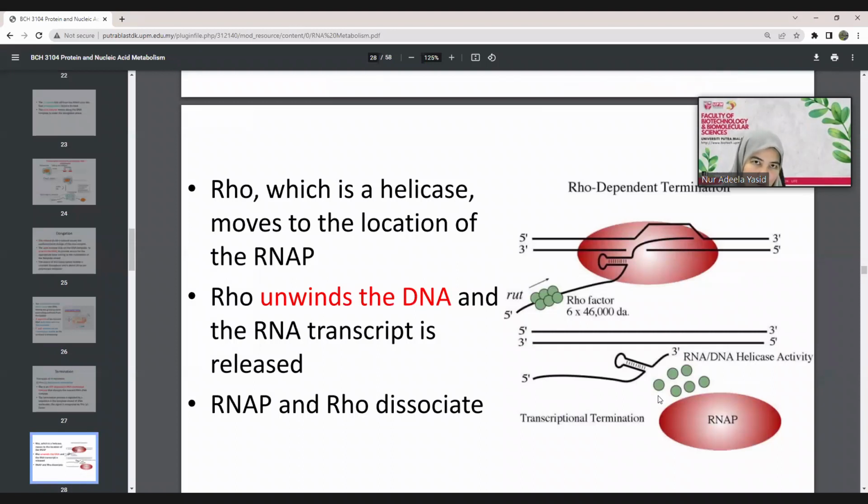Now the RNA polymerase and rho protein are dissociated. So this is rho-dependent termination, controlled by the rho protein.